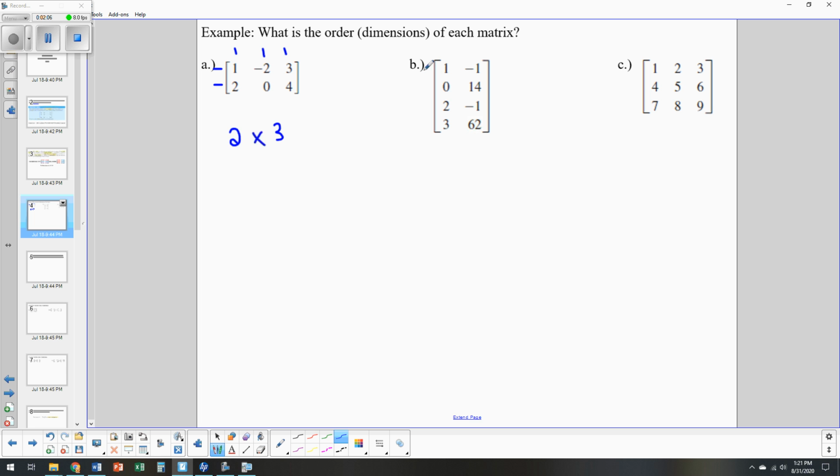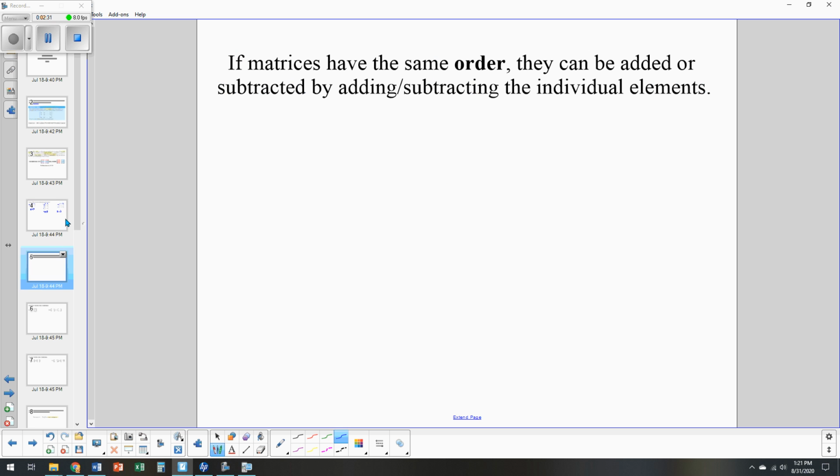All right, this one, for rows, we have 1, 2, 3, 4 by 1, 2. And then this one, rows, 1, 2, 3 by columns 1, 2, 3.